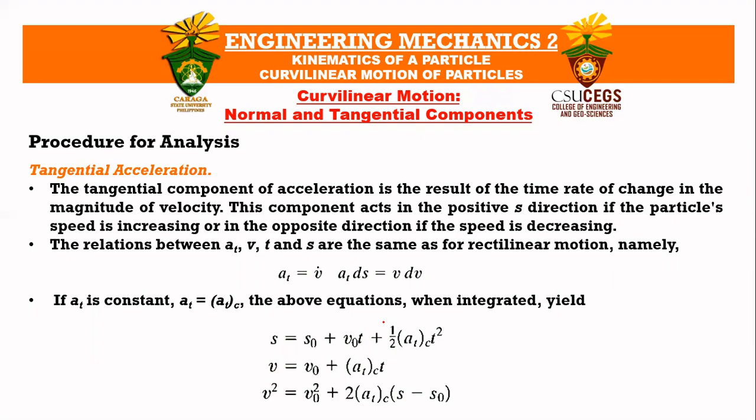So we can determine the tangential acceleration considering the relations between AT, v, t, and s are the same as for rectilinear motion, namely the tangential acceleration or AT can be found using two equations. The first is by determining the first derivative of the velocity with respect to time, so AT is equal to v dot. Or using the third kinematic equation, which is AT ds is equal to v dv.